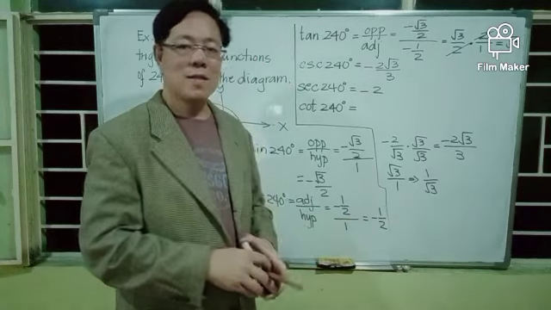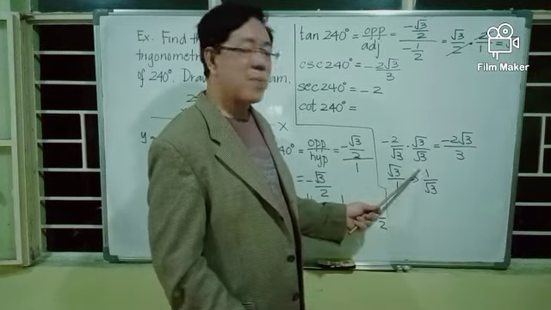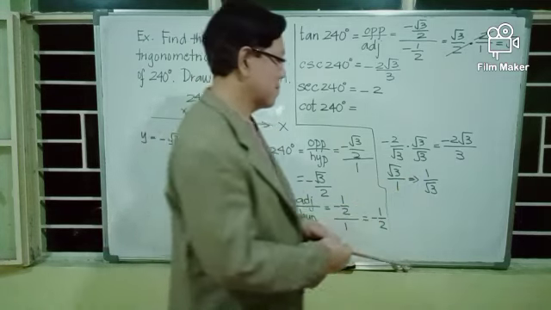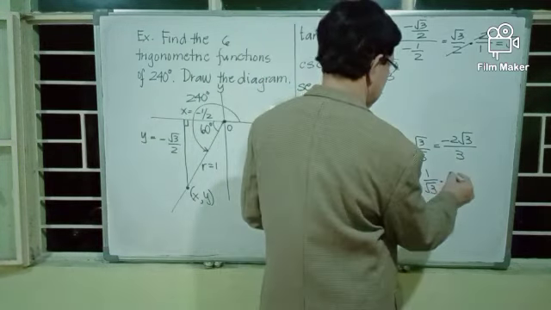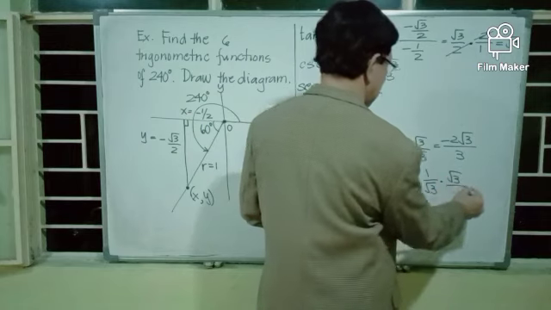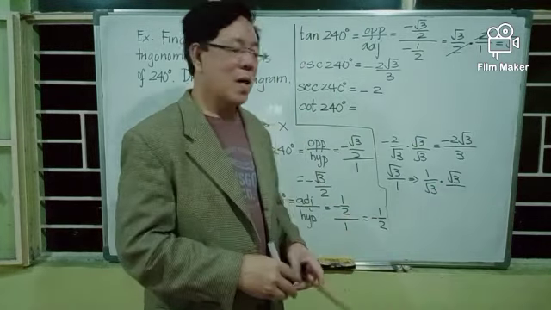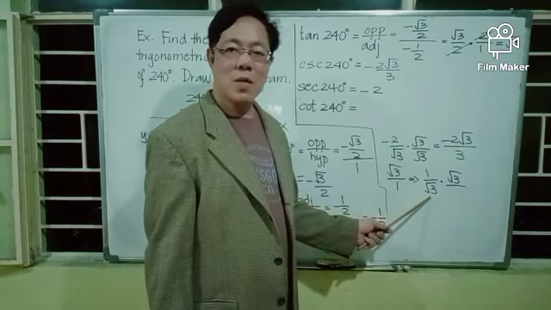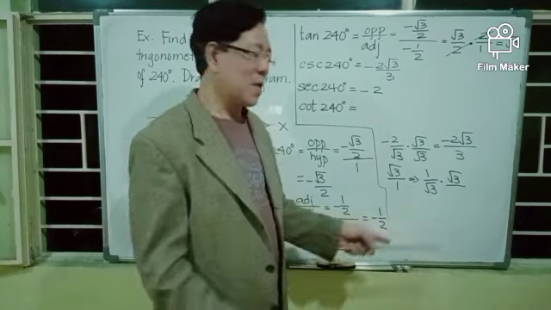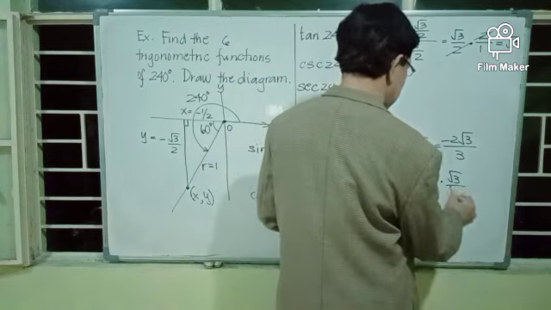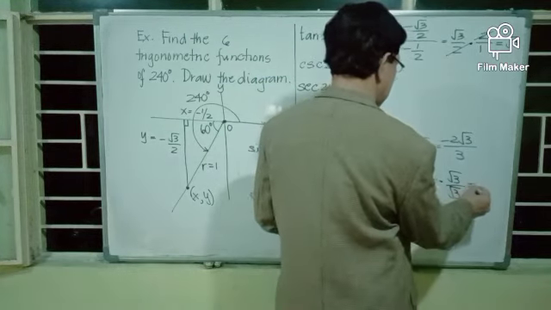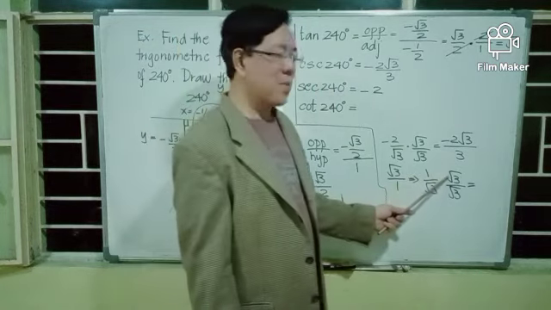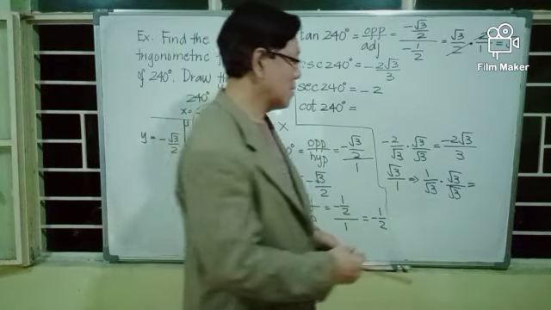But we rationalize the denominator by multiplying the numerator 1 by square root of 3, and we multiply the denominator square root of 3 by square root of 3. We have 1 times square root of 3 is square root of 3.